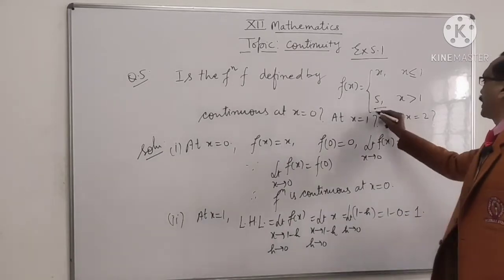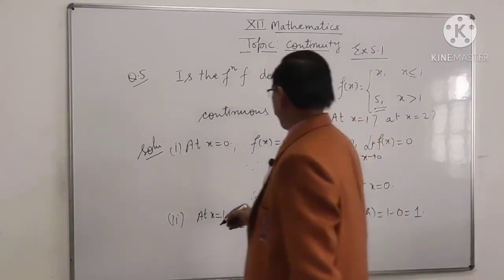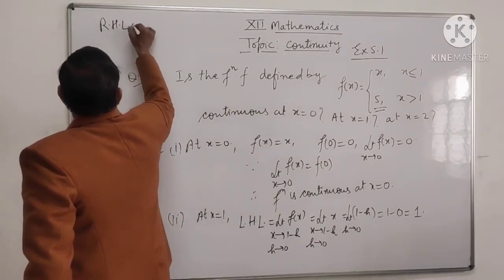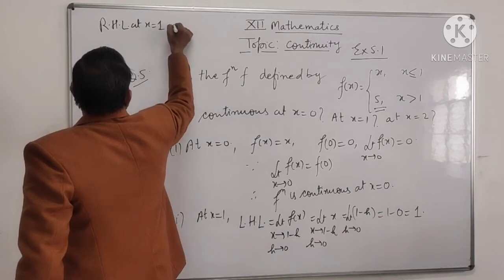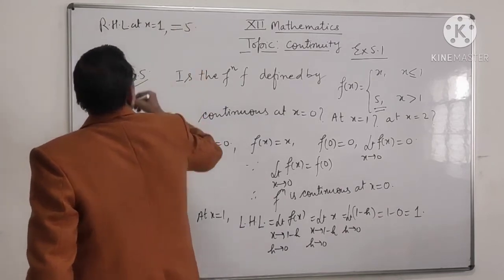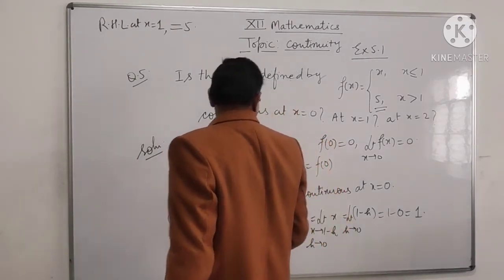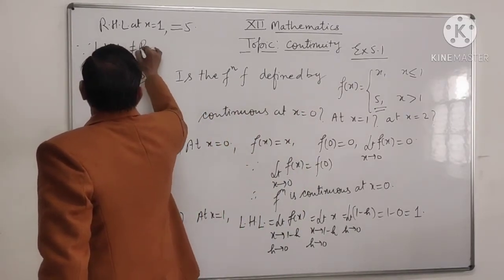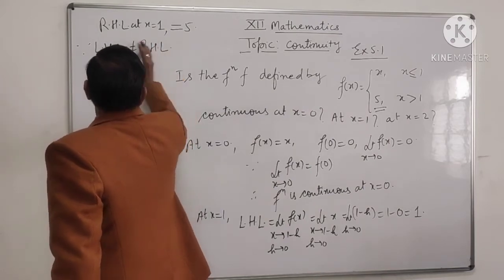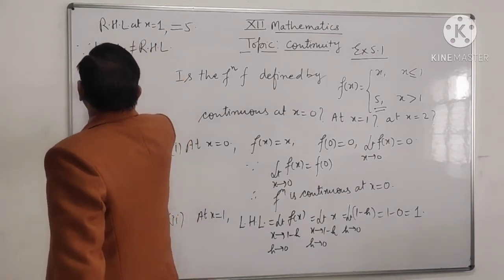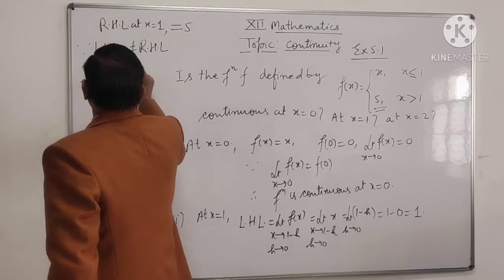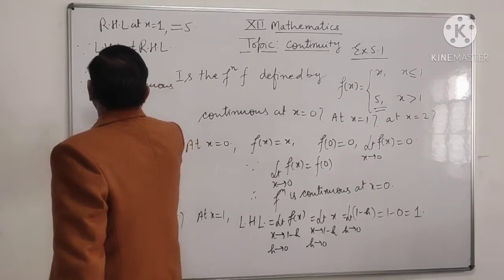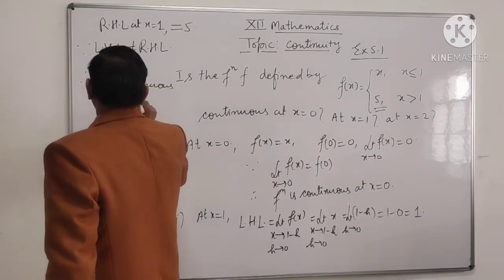And the right hand limit at x equal to 1 is 5. Since these two limits are not equal, therefore the function is not continuous at x equal to 1.